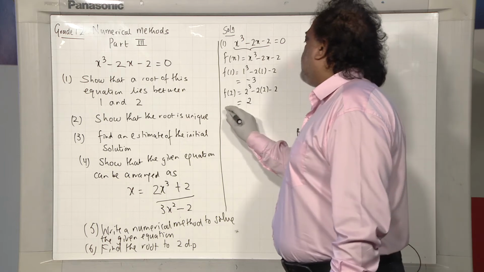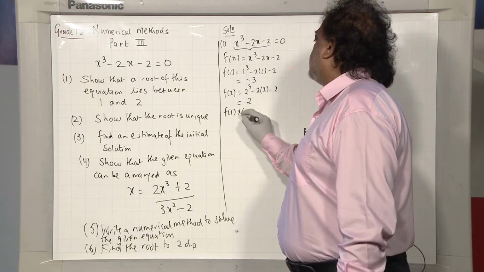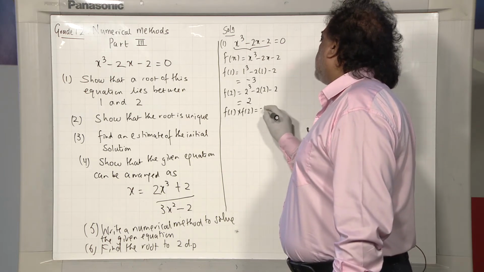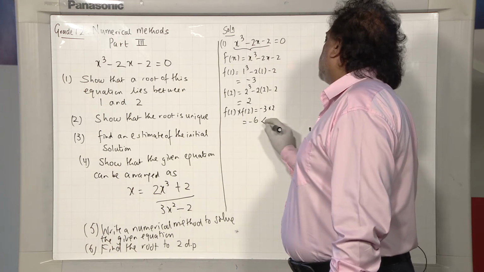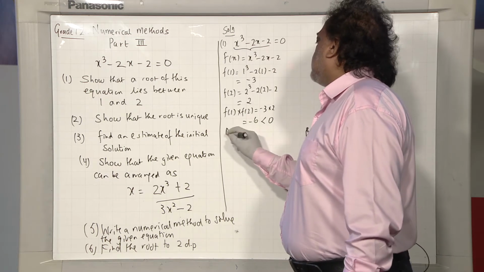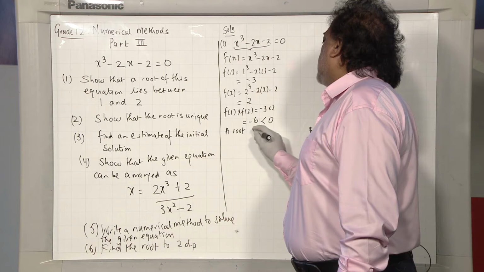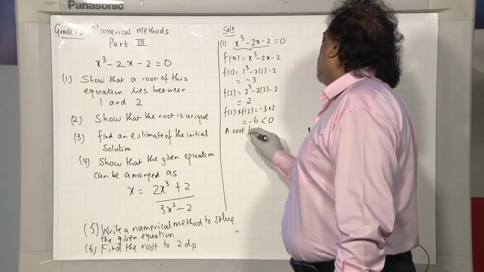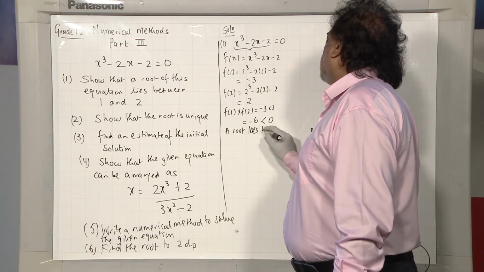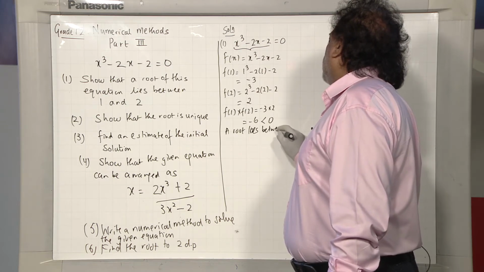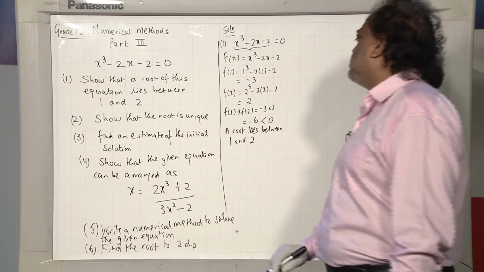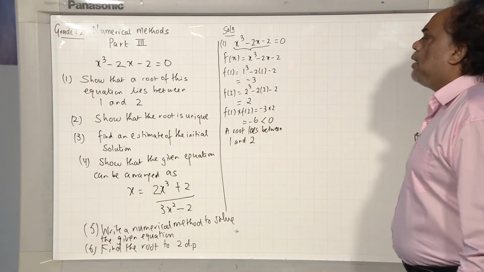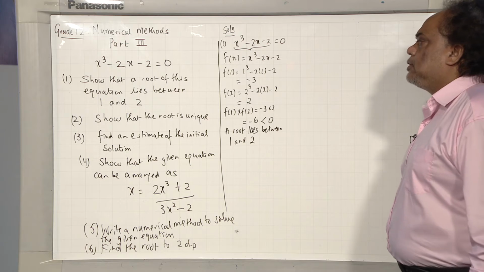So f(1) times f(2), which is minus 6, less than 0, we conclude that a root lies between 1 and 2.